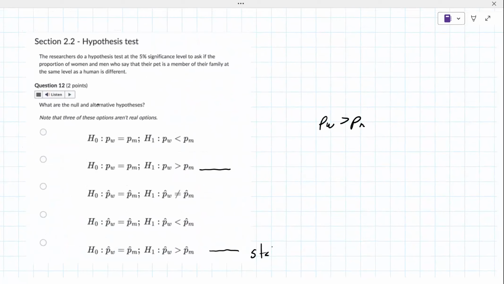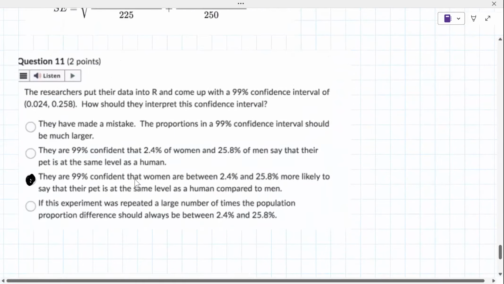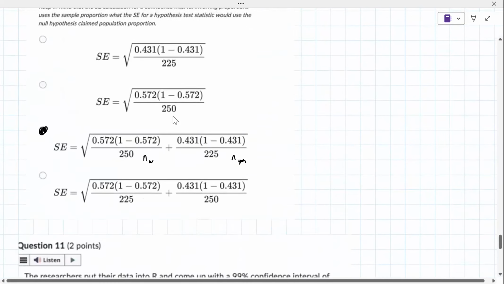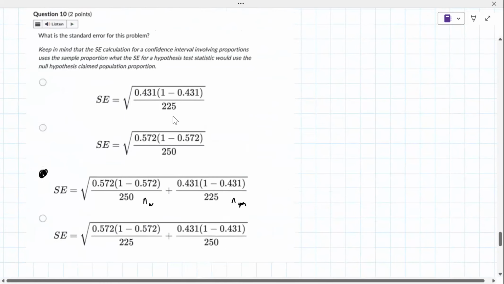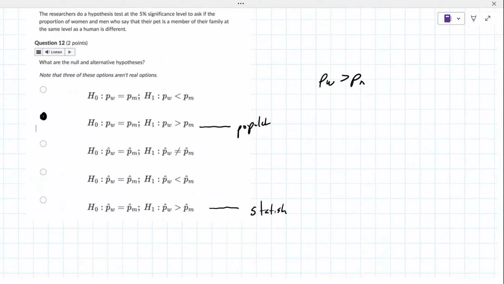The bottom one here, though, is a statistic. The other one's for a population. Null hypotheses are always on the population. Are you missing one? I think you're missing an option, but I don't think it's that one anyways. Yeah, it's not needed. Okay.